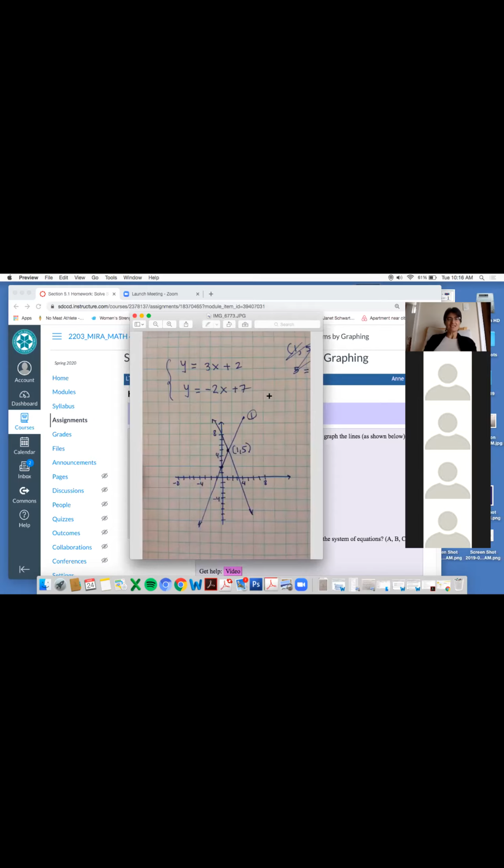So this is, as I said, I worked the problem on a piece of paper and I took a picture of it with my phone and I just emailed it to myself and opened it up. So you guys can share things that way too. If you are logged into Zoom on your phone, which you can do, then you can share the pictures directly from your phone, so you don't have to email it to yourself first.